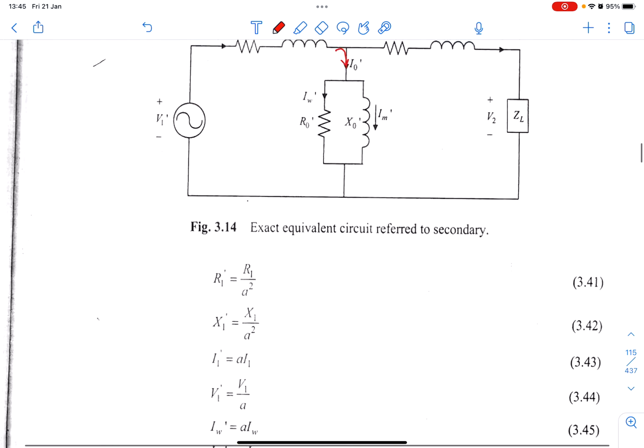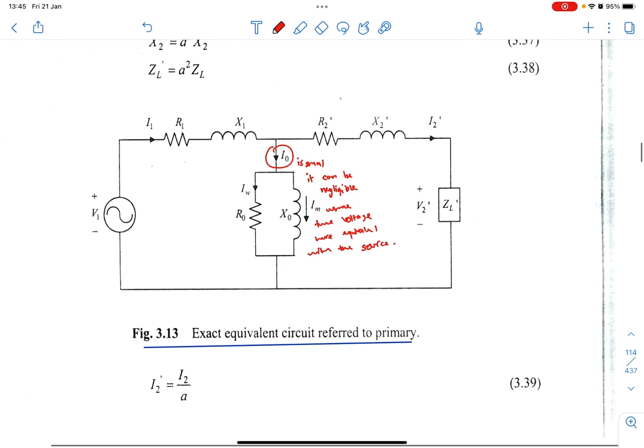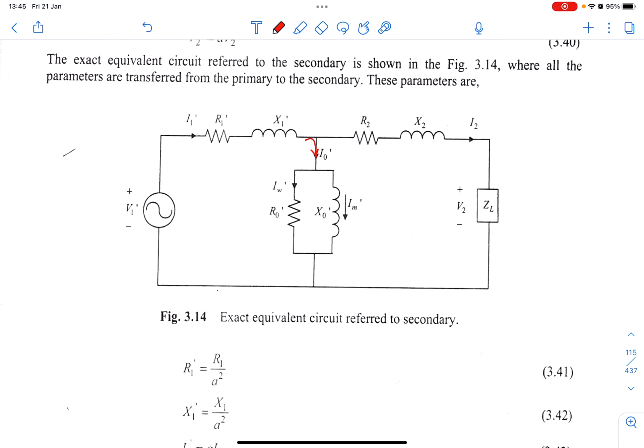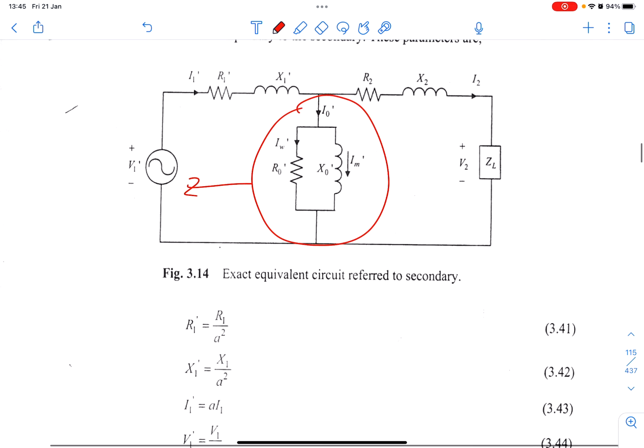So if you look at this diagram from earlier, it is like this whole thing is shifted to here, and then we simplify the resistances, which become like a series.